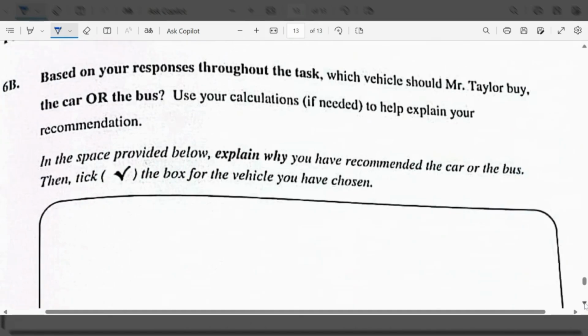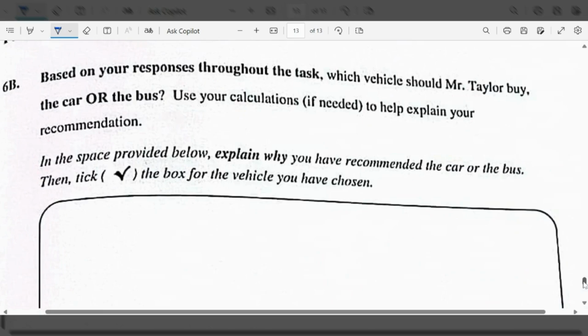So based on your responses throughout the task, which vehicle should Mr. Taylor buy, car or bus, and use your calculations if needed to explain your recommendation. In the space provided, explain why you have recommended the car or bus, then tick the box for the vehicle you have chosen.